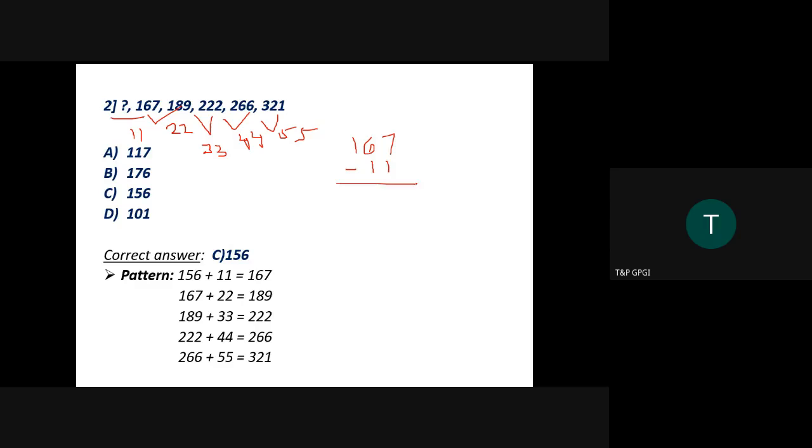So we'll do subtraction here, that gives me 156. That means the first number here should be 156. If we add 11, you'll get the second number; if you add 22, you'll get the third number, and so on. See the pattern here. Okay, so C is the right answer.